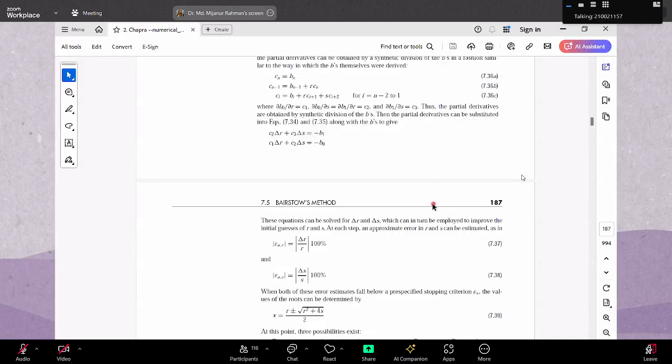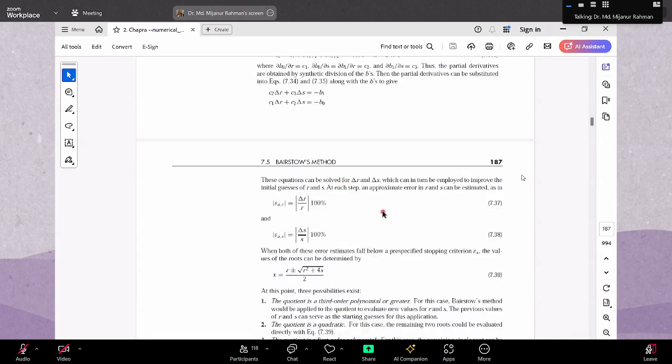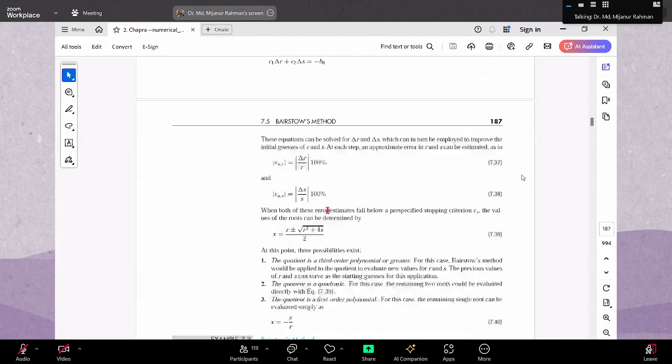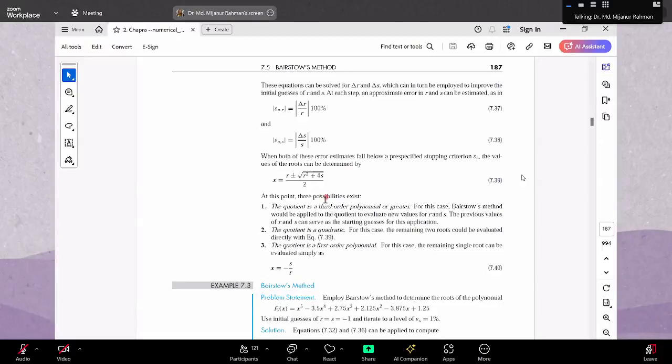Up to the last, we said that we have to determine these two equations, and after solving them, we have to declare the root, provided that we check the approximate error, the percentage of error. If this percentage of error is within the limit, then we can stop the iteration. Otherwise, we have to iterate again.